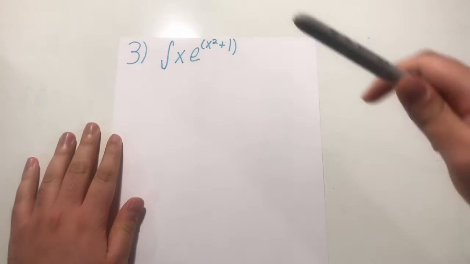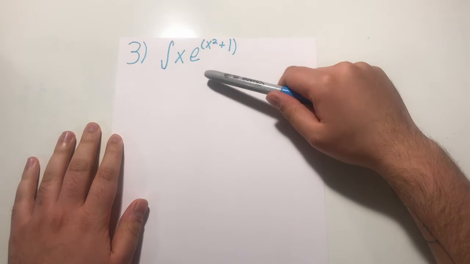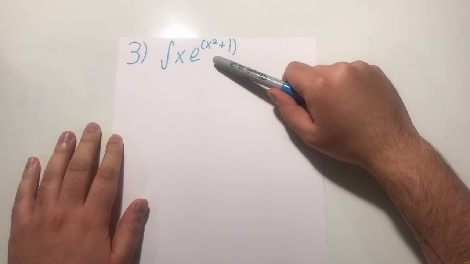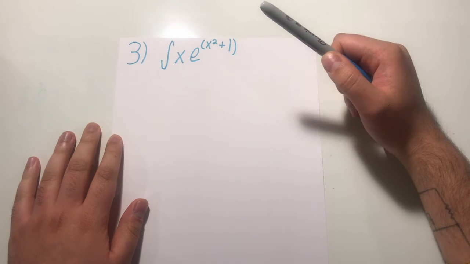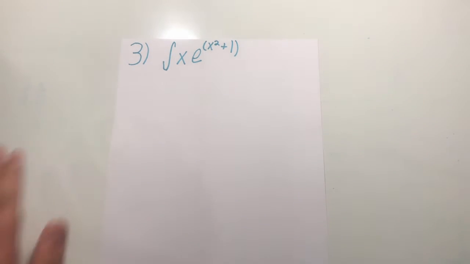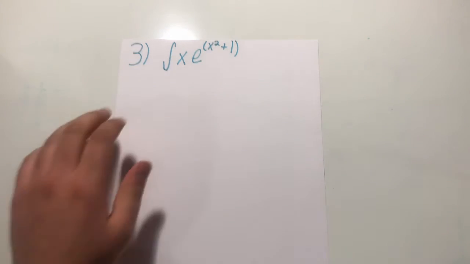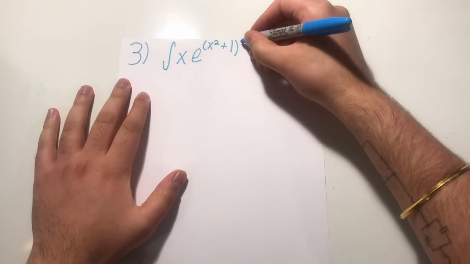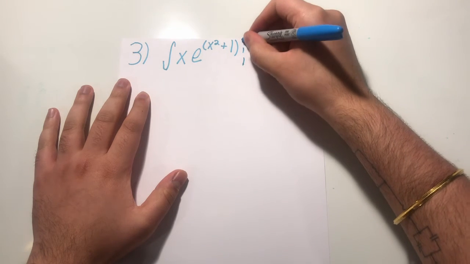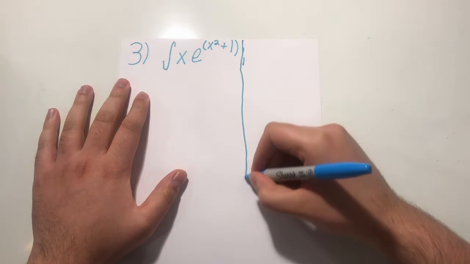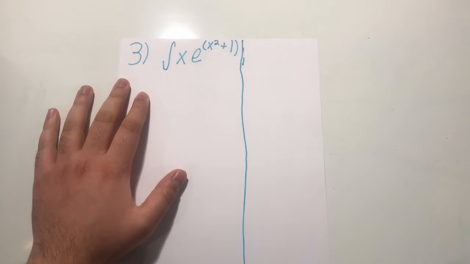Here we have the integral of x times e raised to the x squared plus 1. All right, so same stuff as before. What's our first step? Identify what is u, right? I'm going to make sure I have enough room in this example by giving myself like a third of the page.